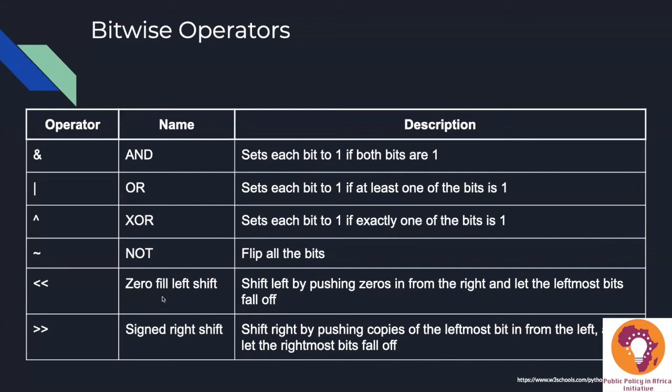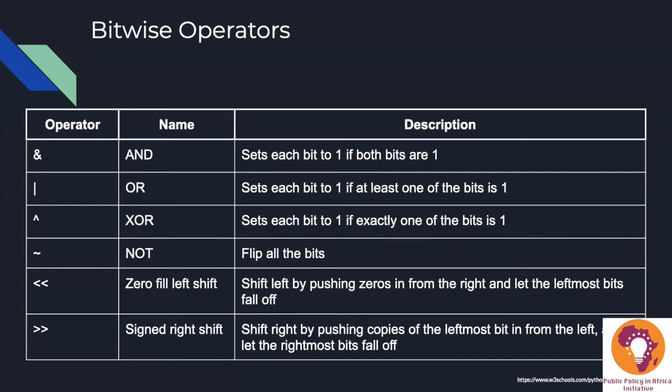Then we have the zero fill left shift, which pushes zeros in from the right and lets the leftmost bits fall off, so those basically disappear. Signed right shift shifts right by pushing copies of the leftmost bit in from the left, and it lets the rightmost bits fall off. So if you have a bit string that's 8 bits long, it'll remain 8 bits long.